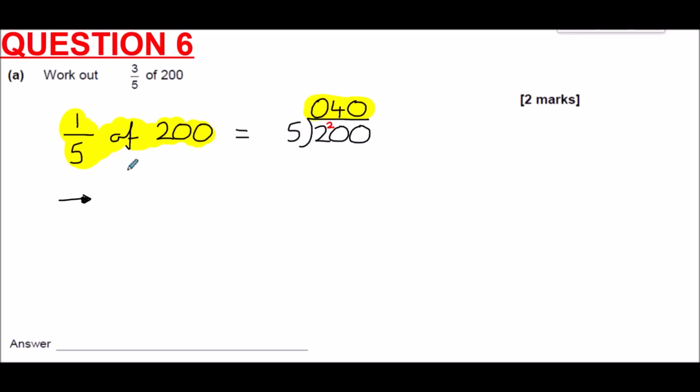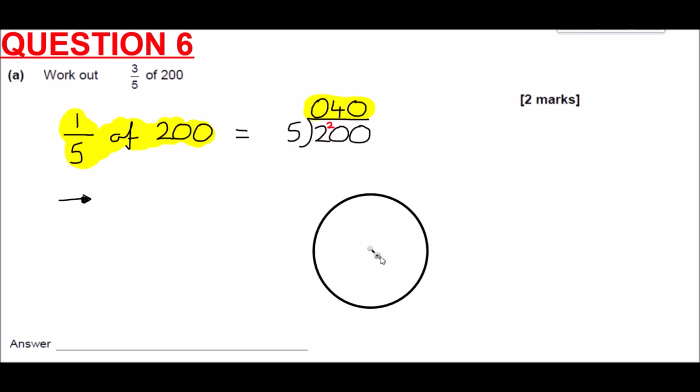And so using this method, we work out 1/5 and then think, well, how many fifths do we need? And so we can picture it like this. I'm just going to get a diagram to show you how it works. And so if you remember at school, maybe splitting circles into different amounts, this is the same idea.